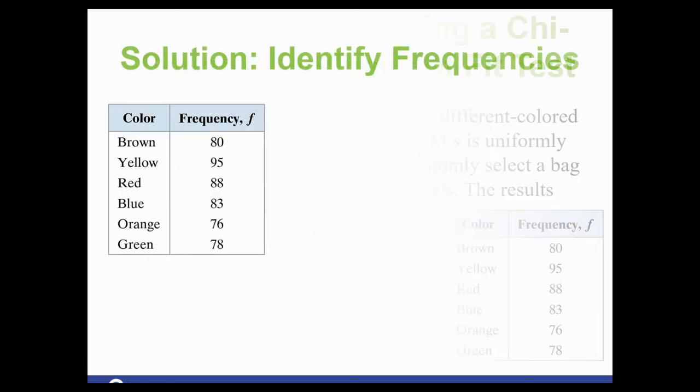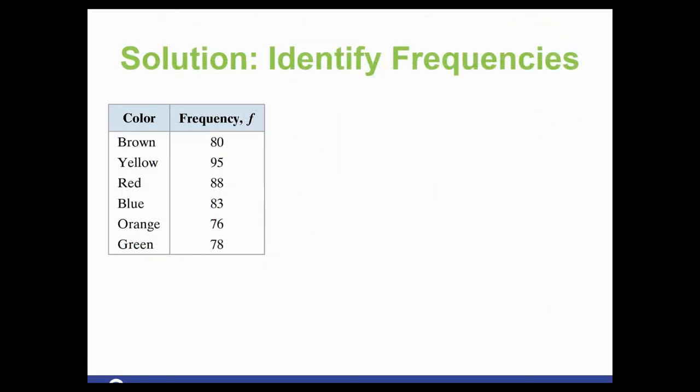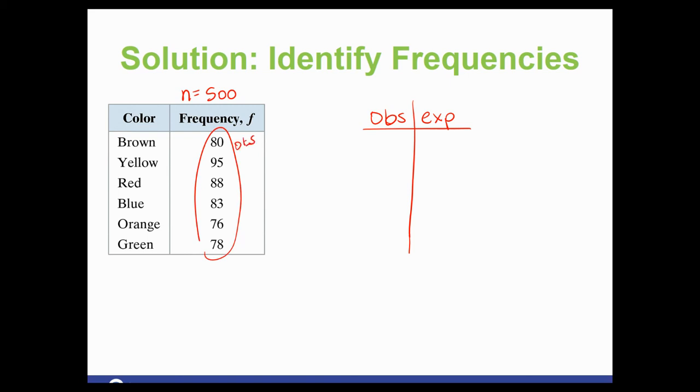So I've copied this over to our next slide. Again, our sample size is 500. So if we're going to fill in a chart of our observed and expected values, what we were given here is the observed values. This is what we already know.